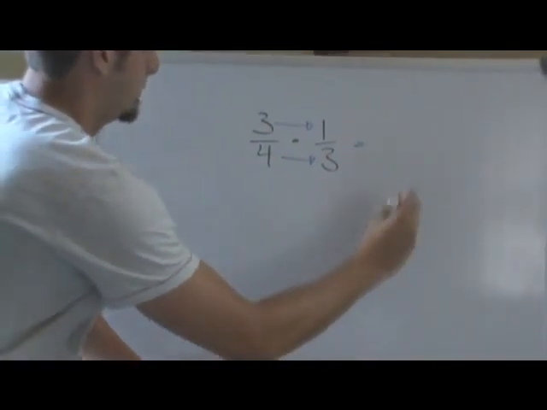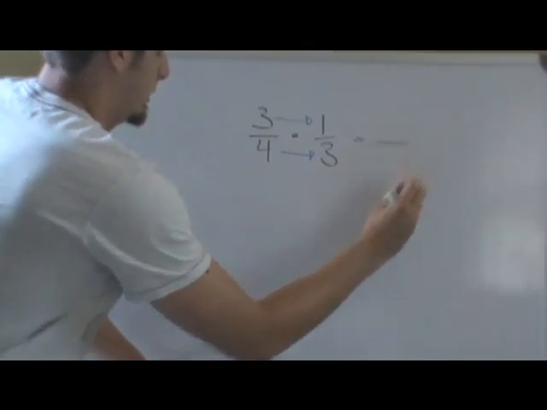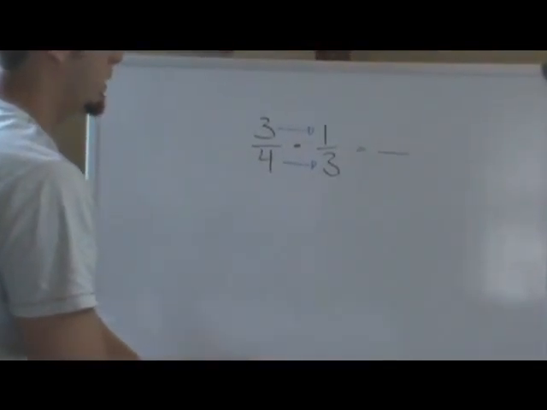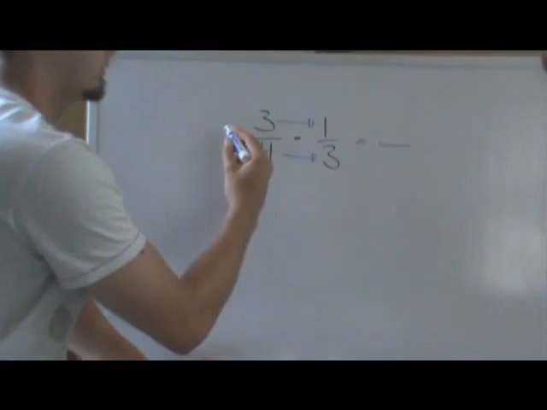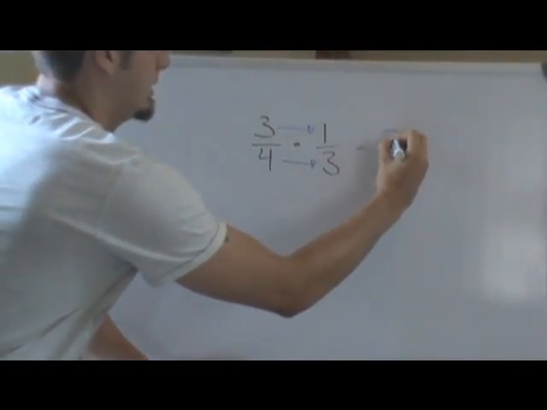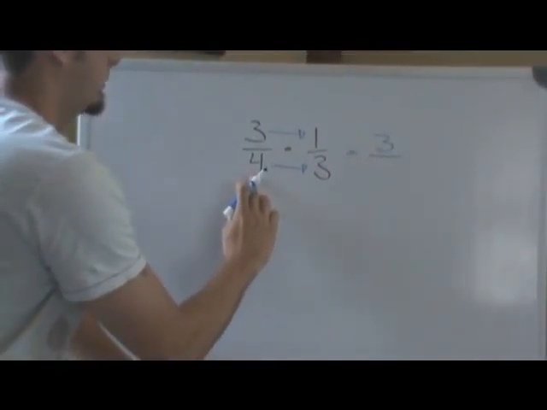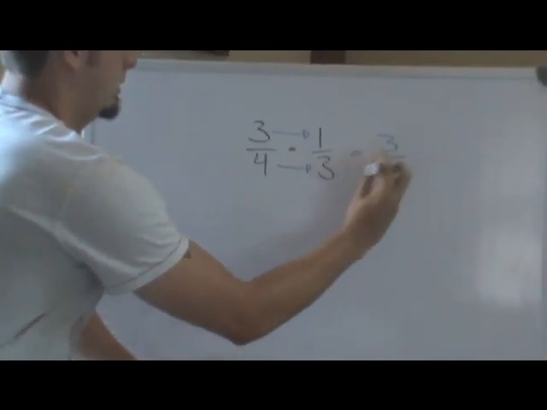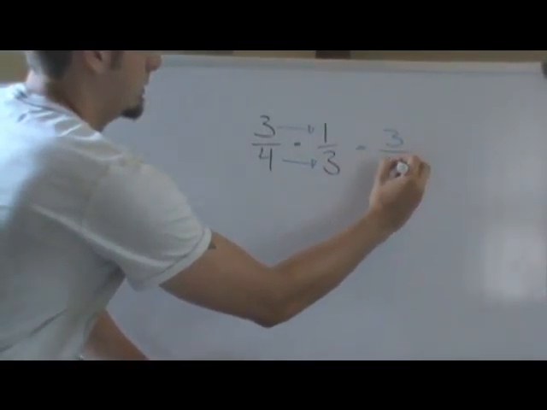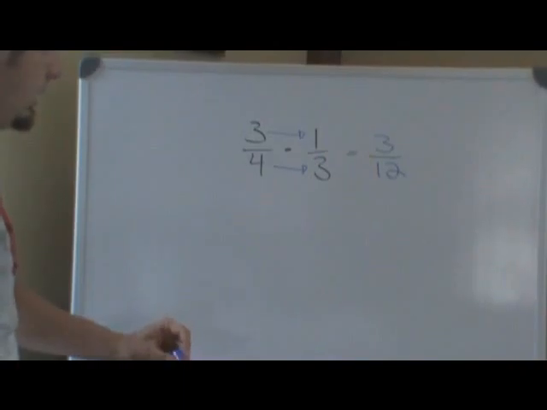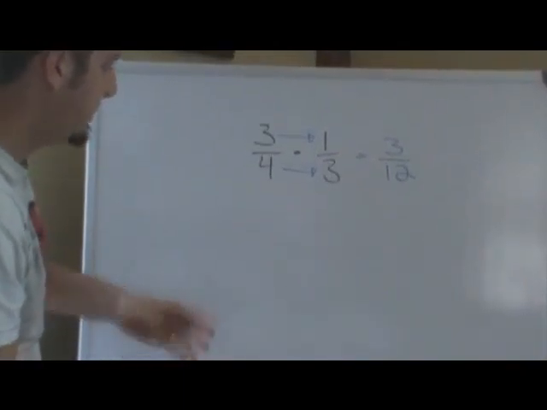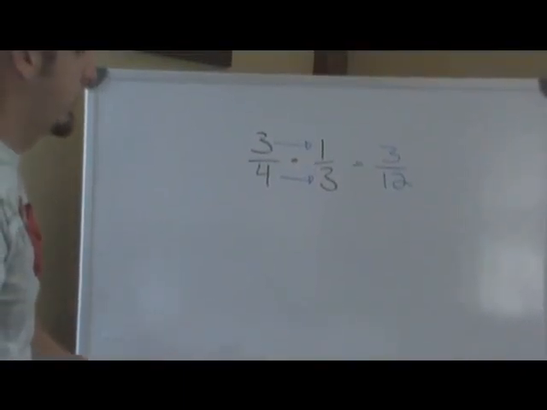And what you end up with for an answer, the 3 times 1, since you're multiplying your numerators together, you get a new numerator. Since you're multiplying your denominators together, you get a new denominator. So that's really all there is to multiplying fractions.